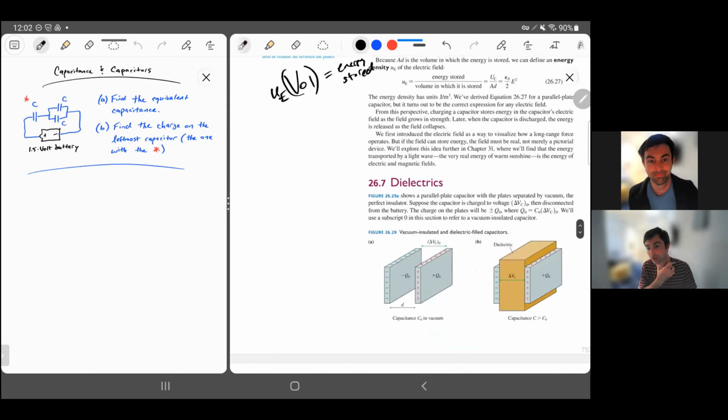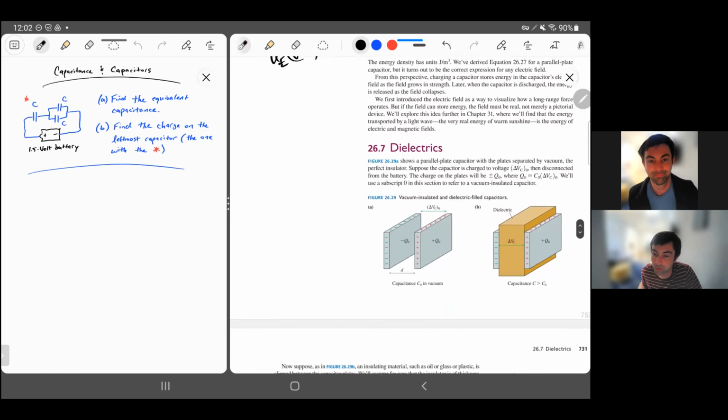All right, one last topic is dielectrics. A dielectric just means an insulator, but it changes the properties of the capacitor somewhat. If you stick a dielectric totally in between the space right here, you're not changing the fact that you still have two conducting surfaces, right?